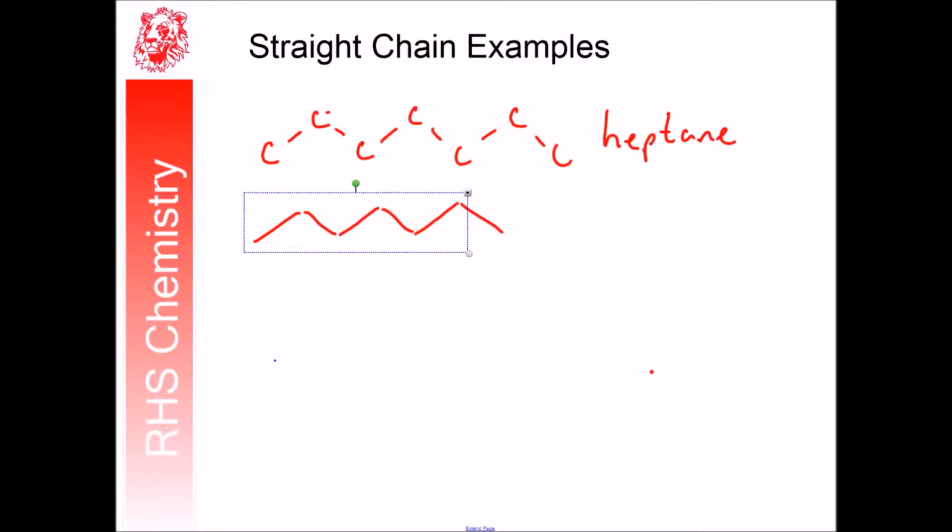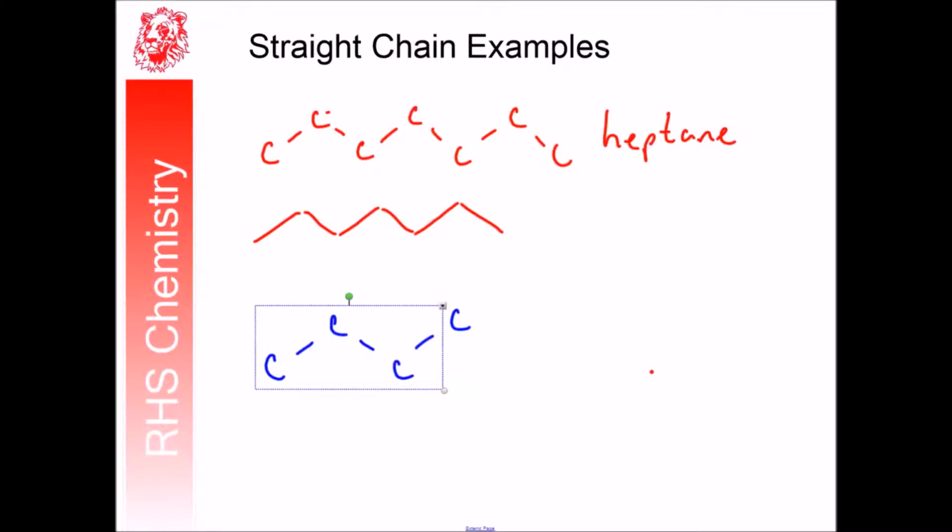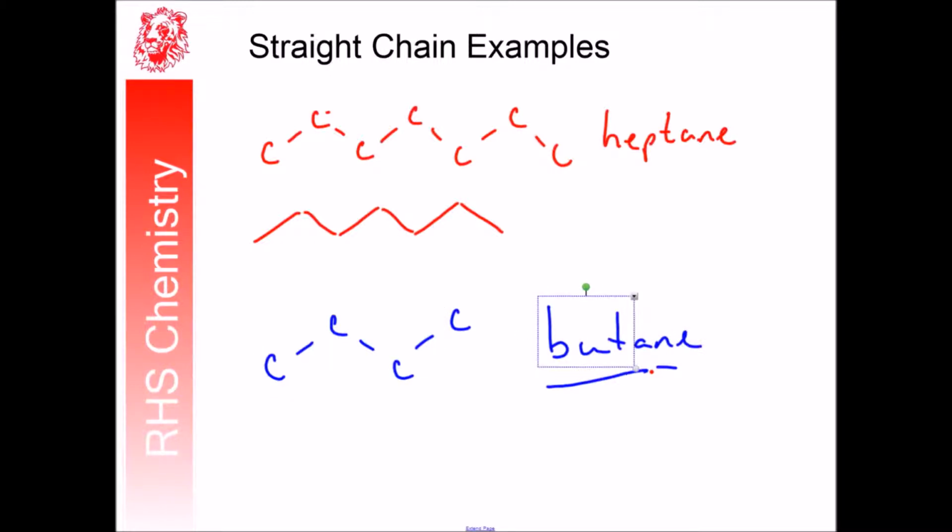Or maybe 1, 2, 3, 4. Should be butane. So the "but" tells me there's 4 carbons. The "ane" tells me that they're all carbon single bonds. These bonds can rotate right around here or right around there. That'll become important in the next slide. And they have bond angles of 109.5, and they're tetrahedral.